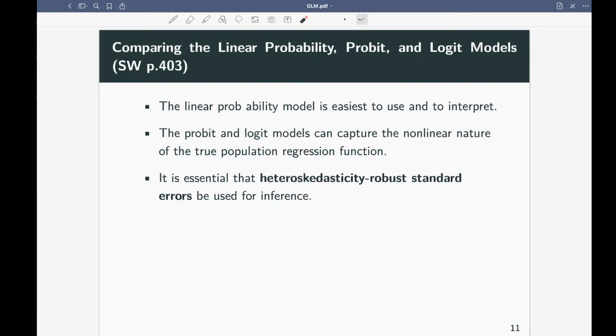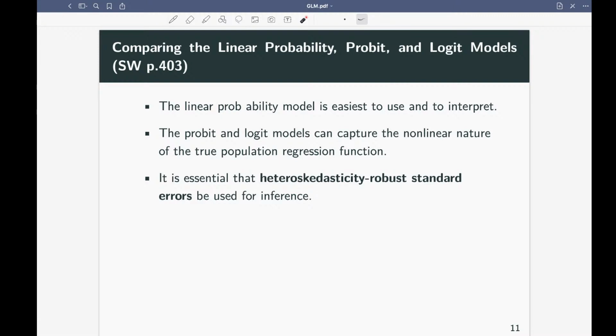Okay, in the next section, I will demo this linear probability model plot. You can see that this model has some problems. So we usually use Probit or Logit, not the LPM, because this model has some problems we cannot deal with.